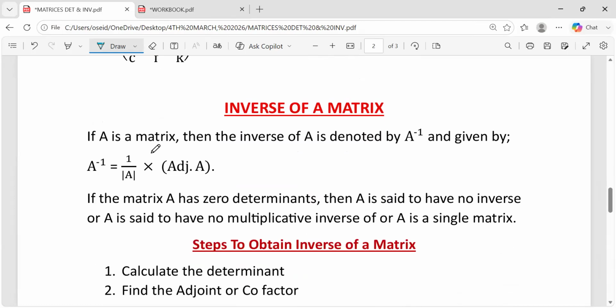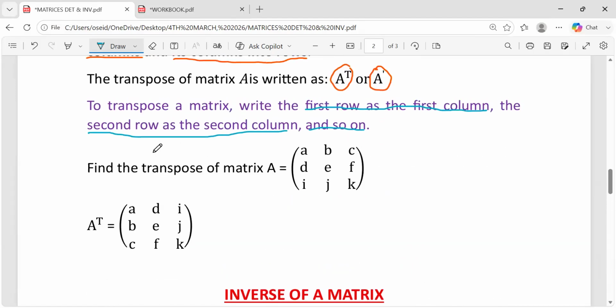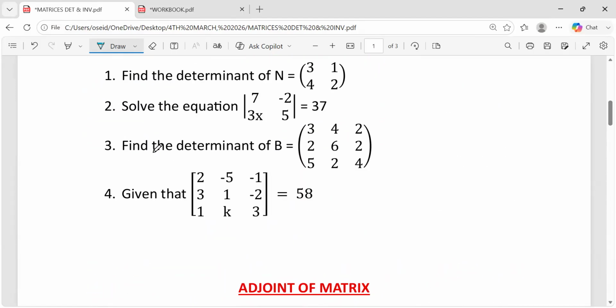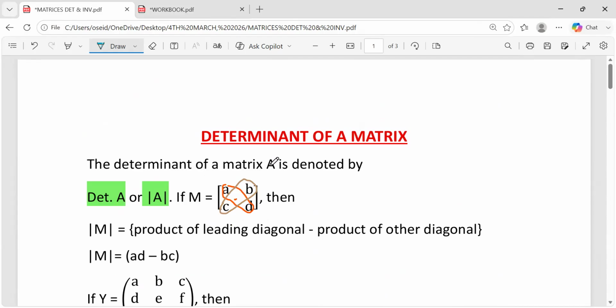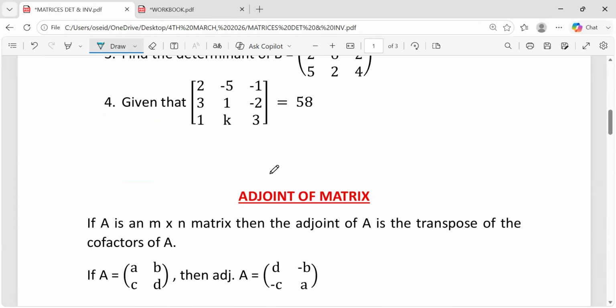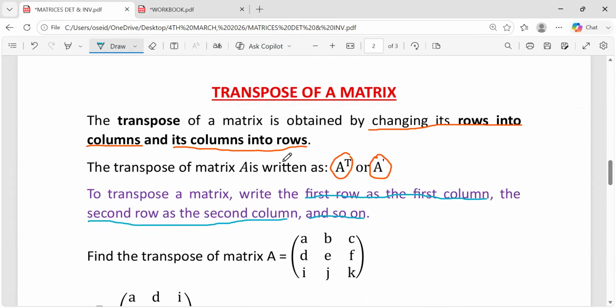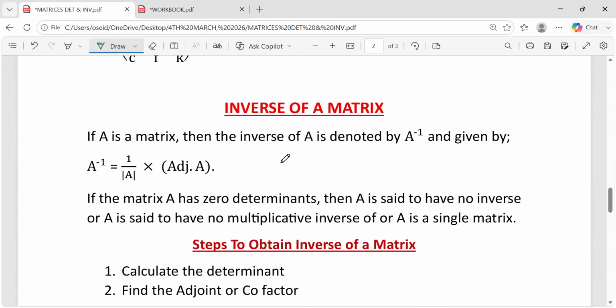The next one, and our final topic for this section, will be inverse of a matrix. Don't forget that whatever we began from, determinant of matrix, adjoint of matrix, transpose of matrix, we are going to apply it in dealing with inverse of a matrix.